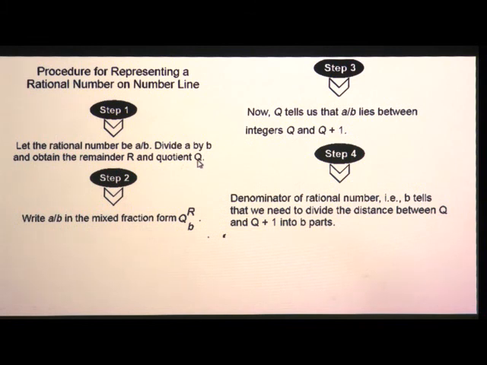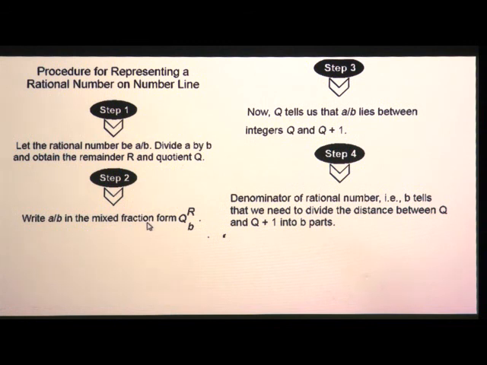You know the rational number is always written in the form of a fraction. Here also we consider a upon b, and we divide a by b, and whatever we get as the remainder should be r and the quotient q.